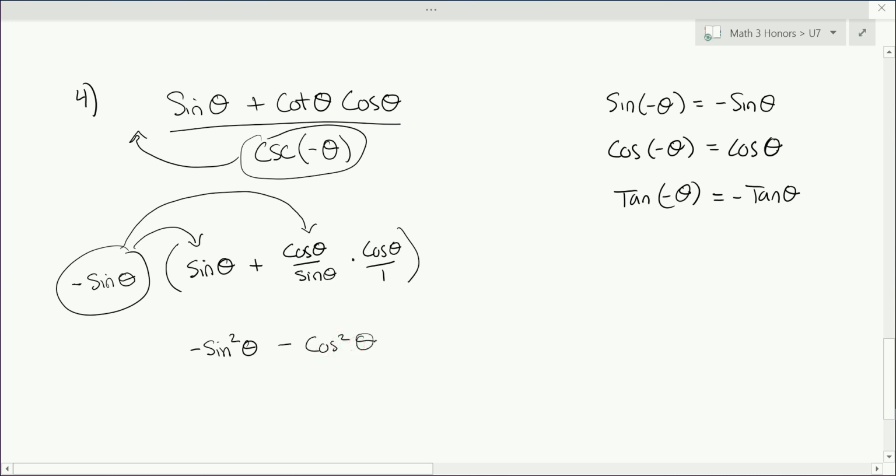So it's cleaning up pretty good. Cosine times cosine. Where do we go from there? So I probably should factor out the negative. Maybe I should have left it out in the beginning, but it's okay. We can come back to this. So then I get sine squared plus cosine squared, which is negative 1.